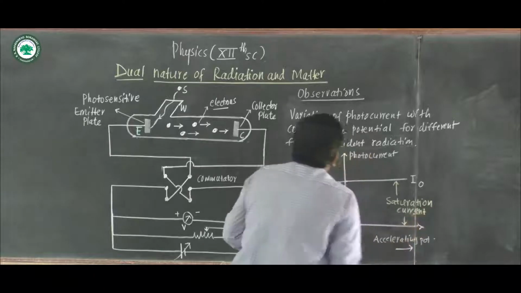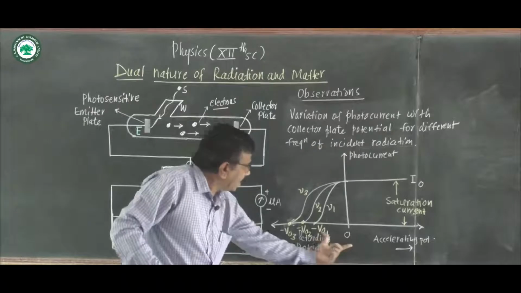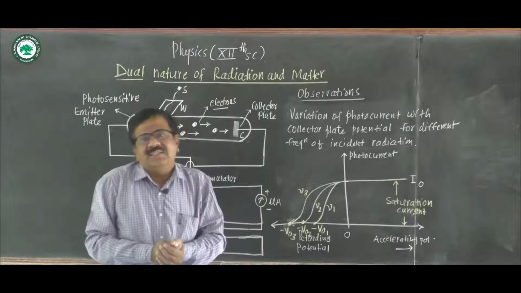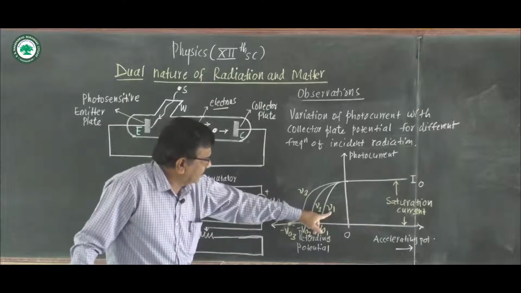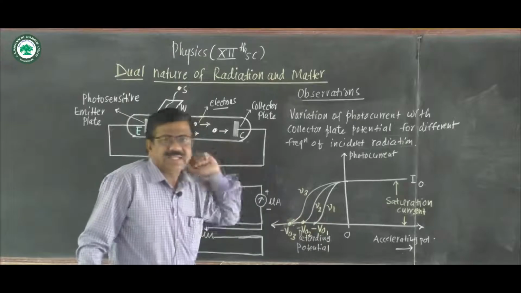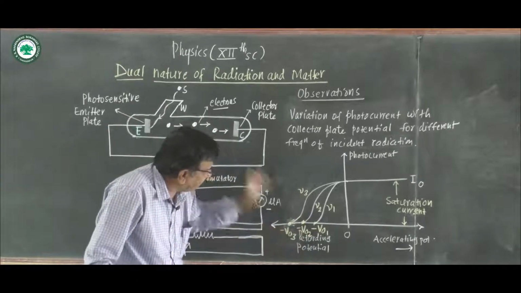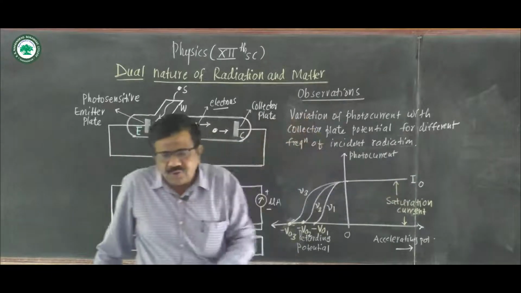See here, what do we have to study? The variation of photoelectric current with collector plate potential for different frequency of incident radiation. Frequency is different: nu1, nu2, nu3. Stopping potentials are different for the different frequencies, but saturation current I0 is the same.